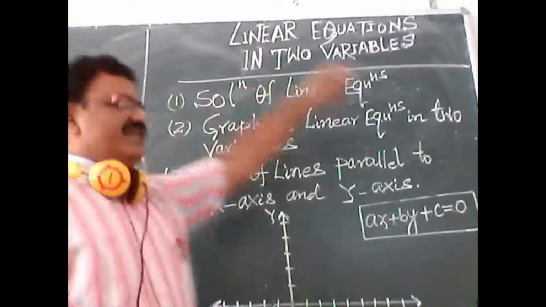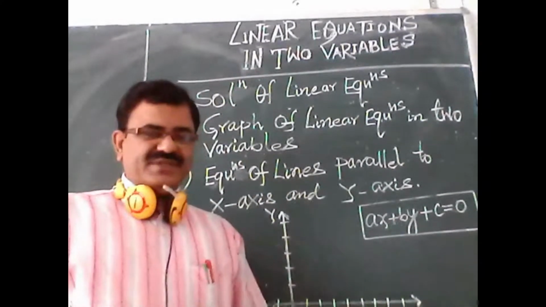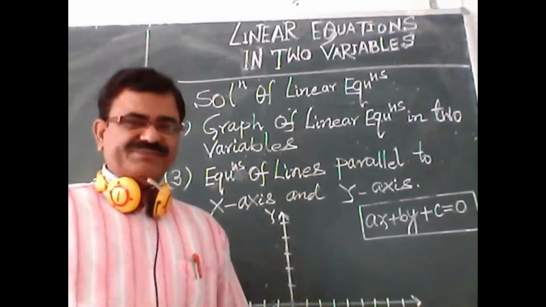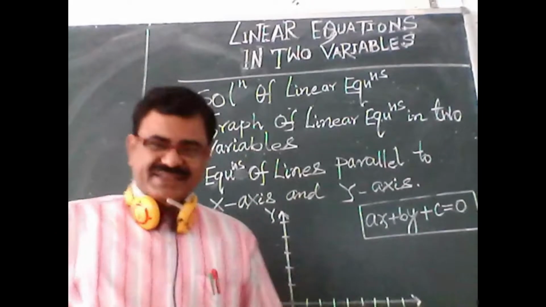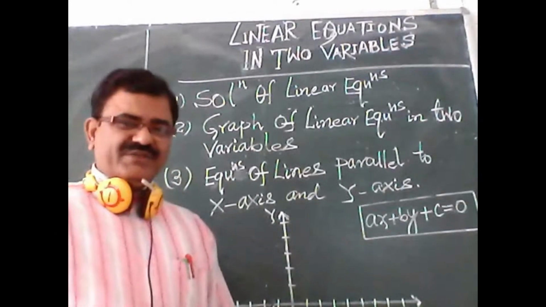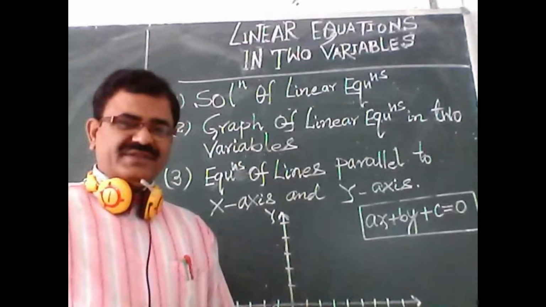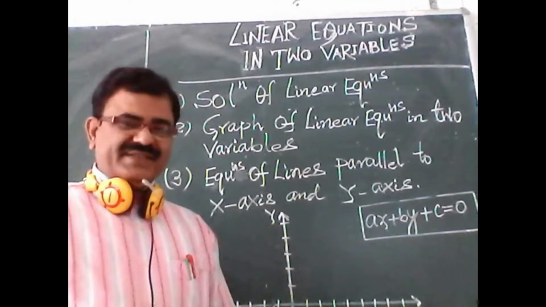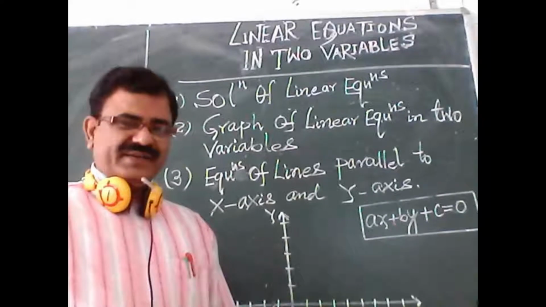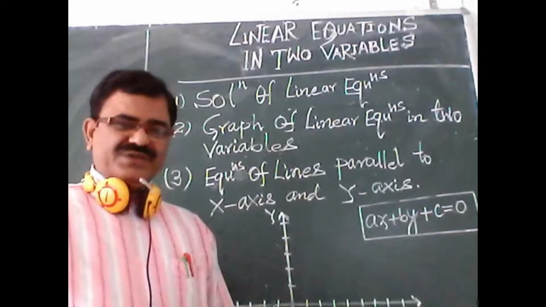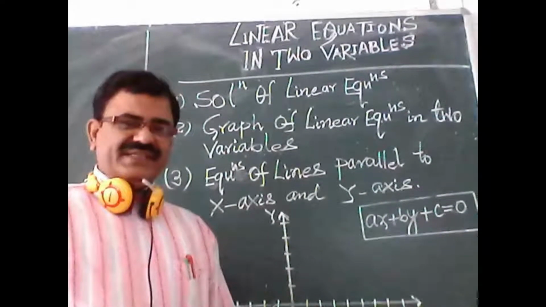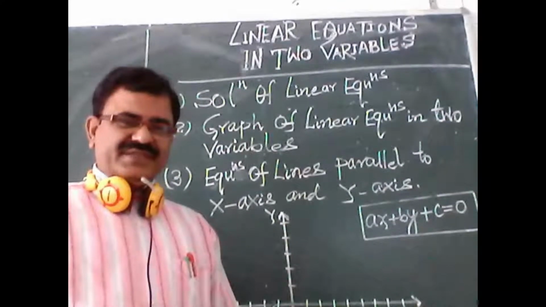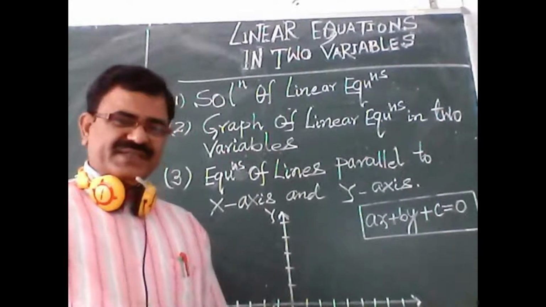In two variables, the term is very clear: constants and variables. Constants are the digits whose value is constant; it cannot change. But variables are those whose value changes from question to question, condition to condition, case to case.